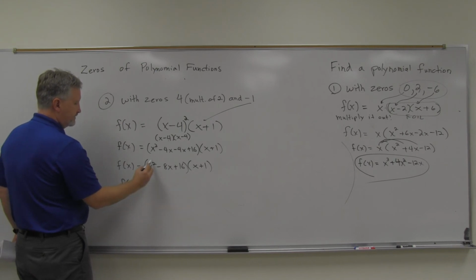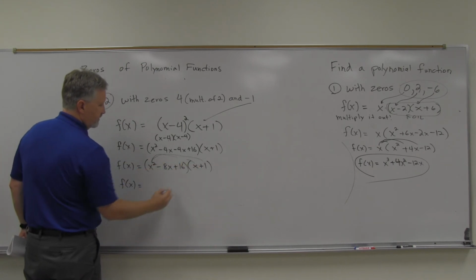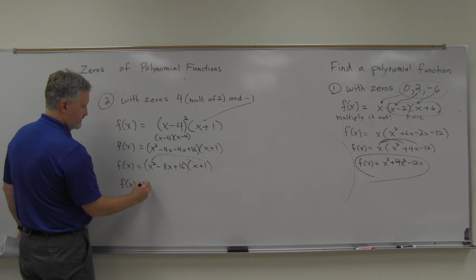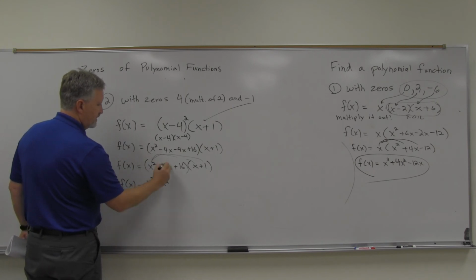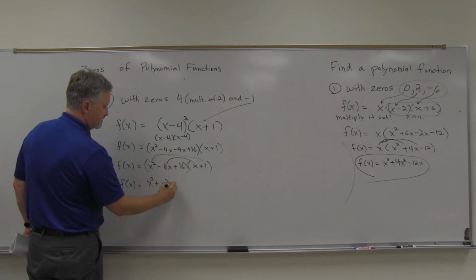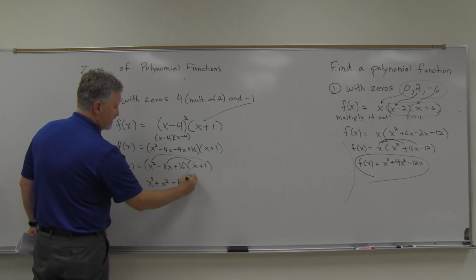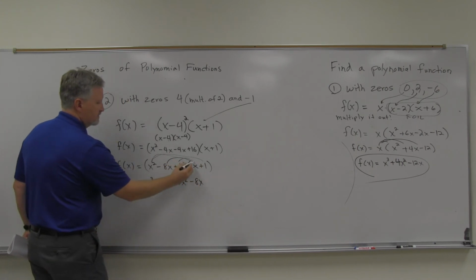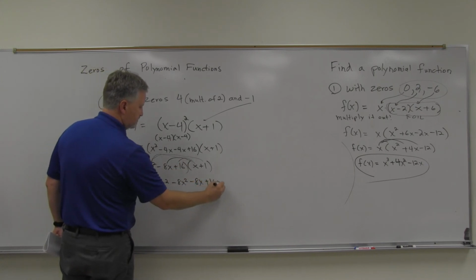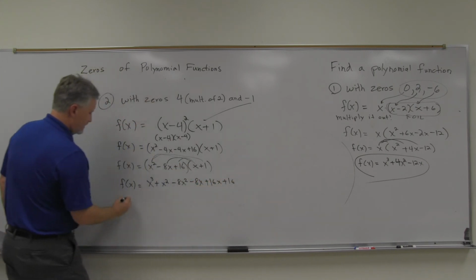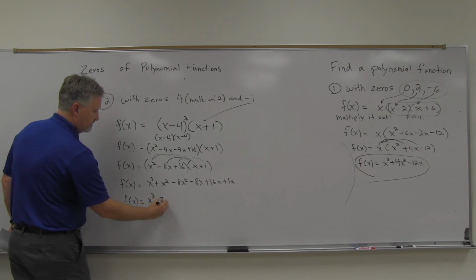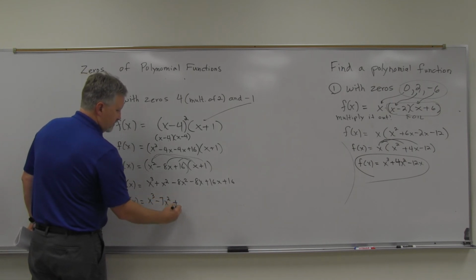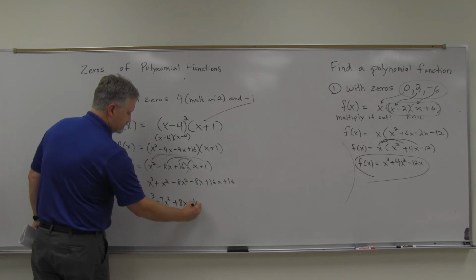The way I do it, just multiply the x squared times the x and the 1, so it'll be x cubed plus x squared. Then do the minus 8x, so it'll be minus 8x squared minus 8x. And then do the 16, so it'll be plus 16x plus 16. And so you wind up with f of x equals x cubed minus 7x squared plus 8x plus 16.